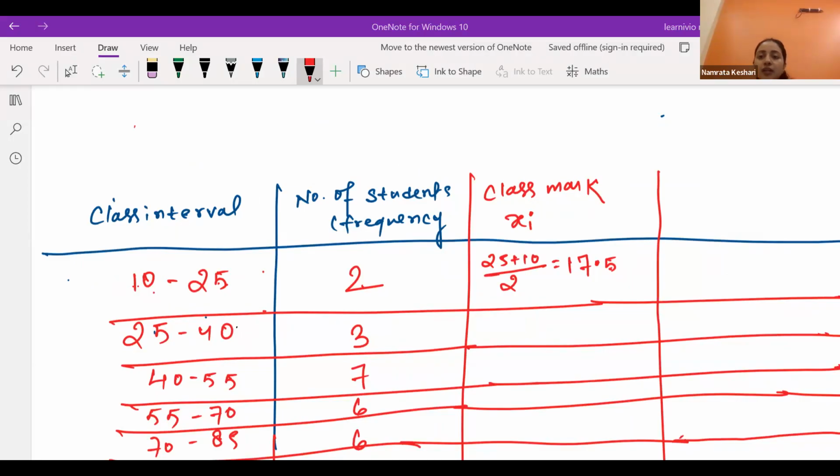What are you getting when you add 25 plus 40 by 2? Then 40 plus 55 by 2? Then 55 plus 70 by 2? Please find the class mark. Class mark means we are trying to find the exactly middle point.